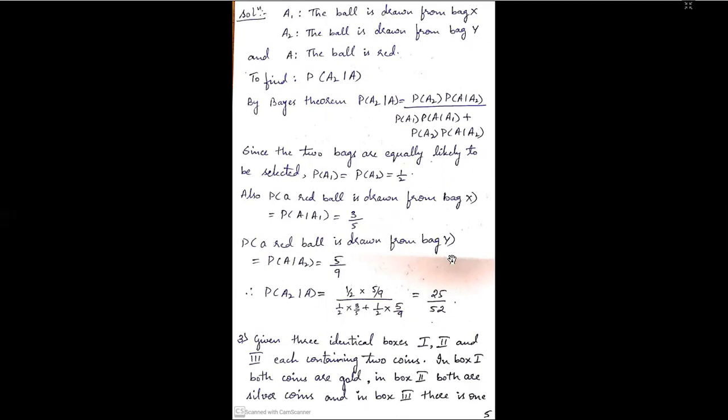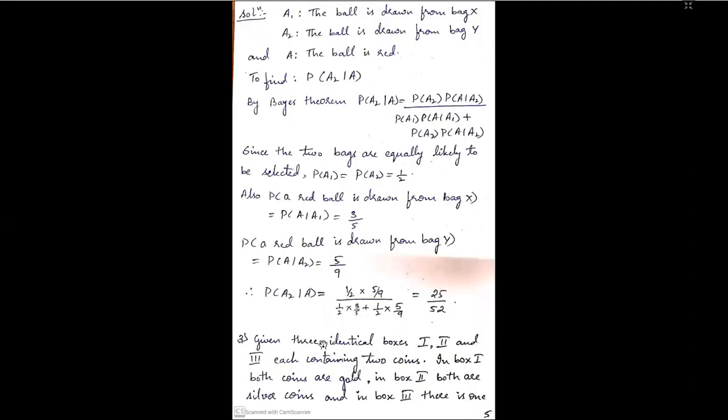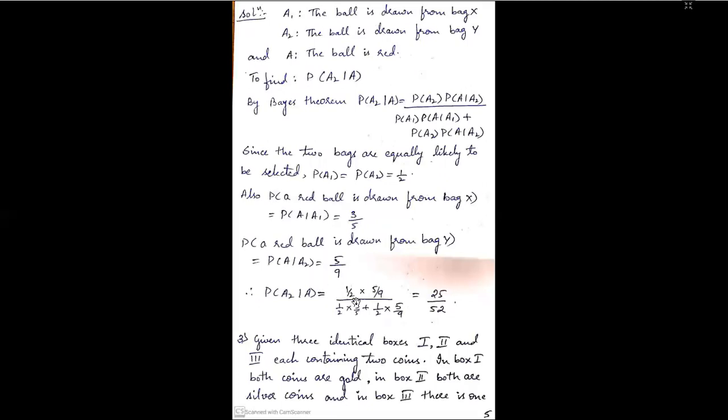Similarly, a red ball is drawn from bag Y. There are 4 white and 5 red balls. So the probability of drawing a red ball is 5 by 9. Now we need to find probability of A2 given A. So we are drawing a ball from bag Y given that it is red. So substitute the values, you will get the answer.